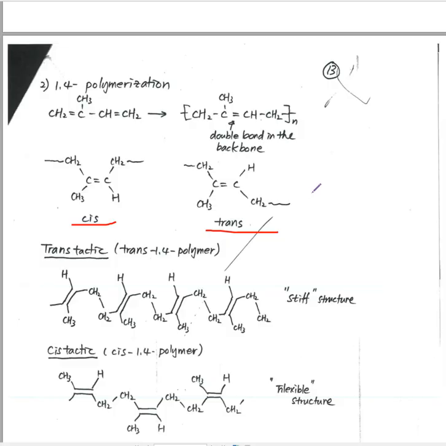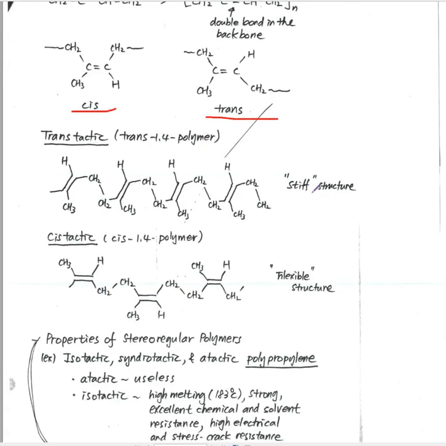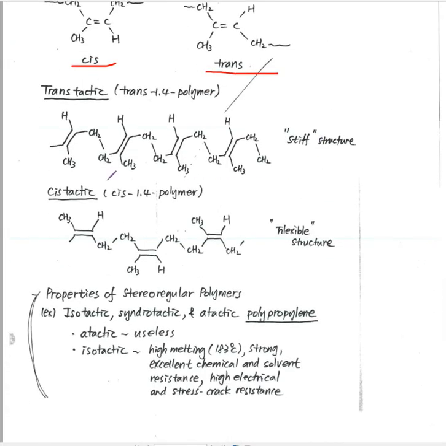If you compare these cis and trans structures, generally trans structures are more stiff, with higher crystallinity compared to the relatively flexible cis structures.